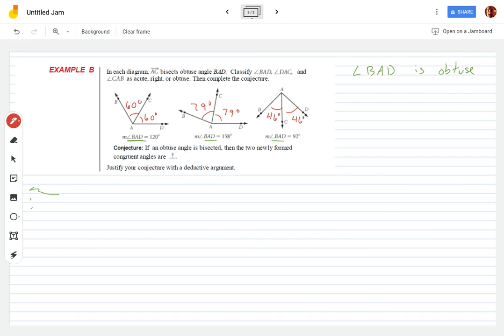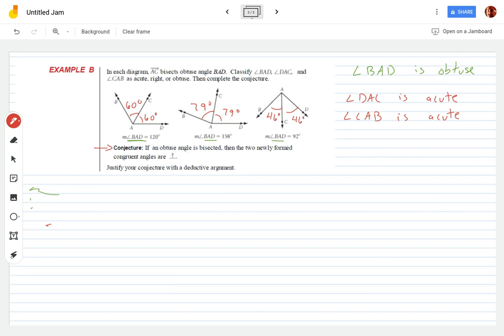So that means angle DAC is acute, and angle CAB is also acute. Okay, so if an obtuse angle is bisected, I'm looking at the conjecture right here.